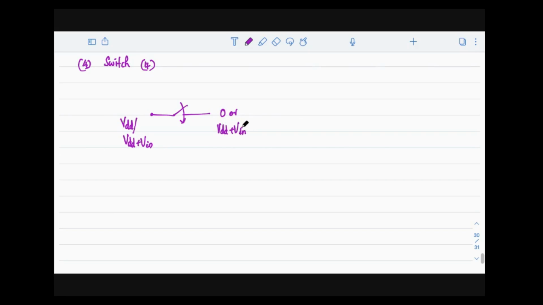All right. Now, what switch will be suitable here? In this case, definitely I can say that NMOS is not suitable. And to some extent, a transmission gate is also not suitable. If these two are not there, my only choice left is a PMOS.